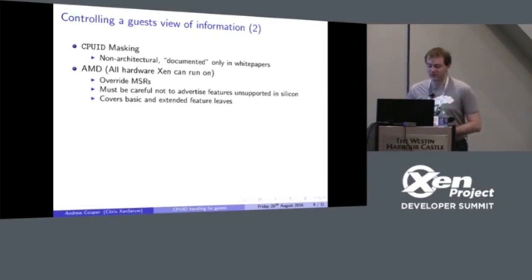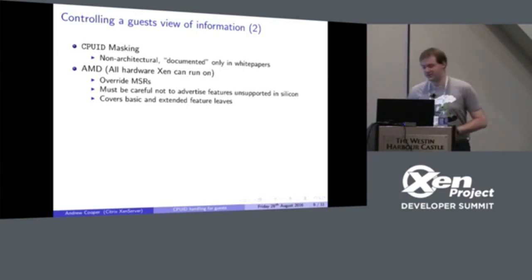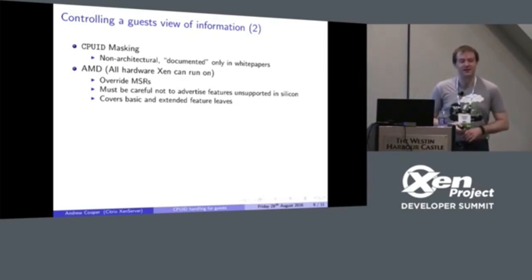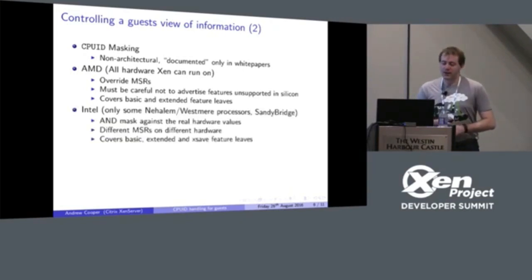the entity running CPUID. One thing you have to be careful of is not attempting to advertise features that the silicon doesn't support. So there's a few hoops to jump through there. On the other hand, it does mean you can set the hypervisor bit for PV guests, which I believe Jürgen had some fun with recently. Intel is different.